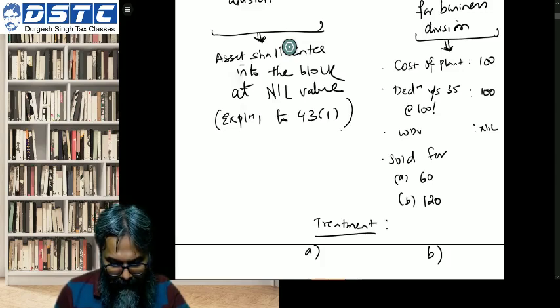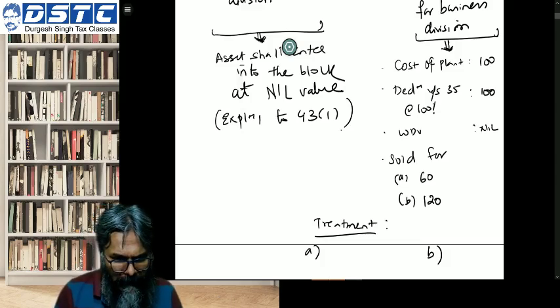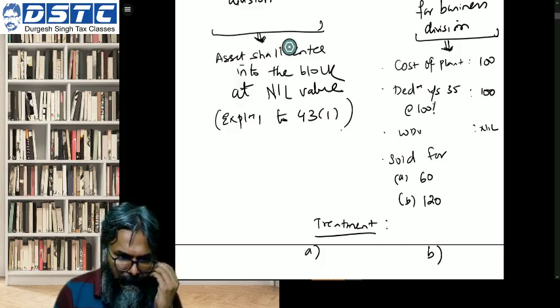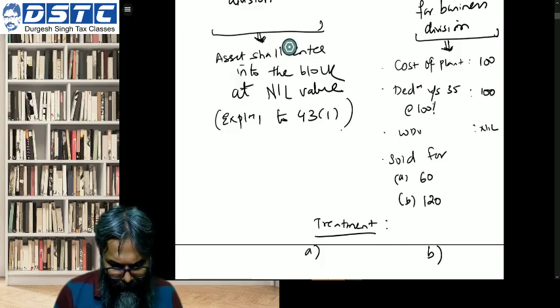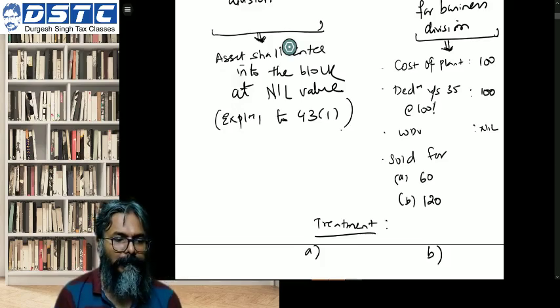Priyanka. No, there is no loss. How come there is a loss? The WDV has already become nil. You got a full deduction, and because of that, the WDV has become nil.